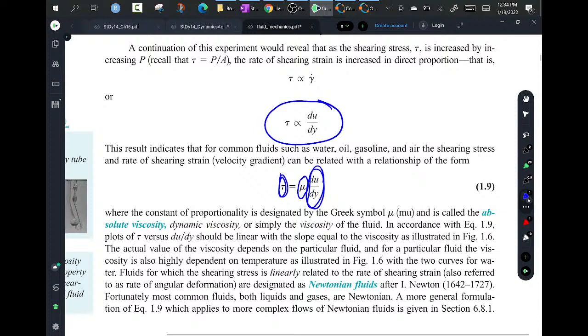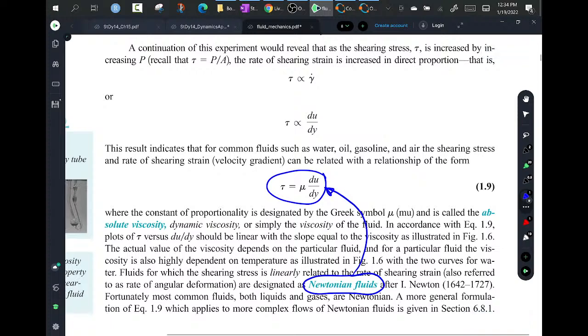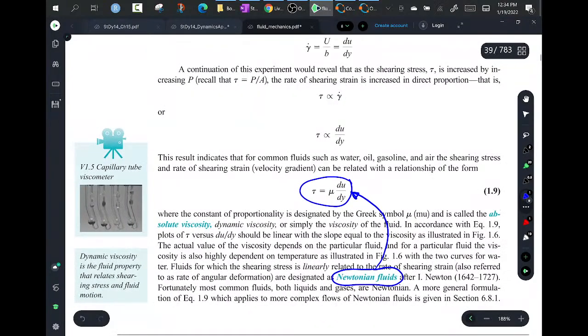So the key is this relationship is classified, or he says designated, as a Newtonian fluid. And most of our world exists with air and water. There's your water, and there's your air, I guess.